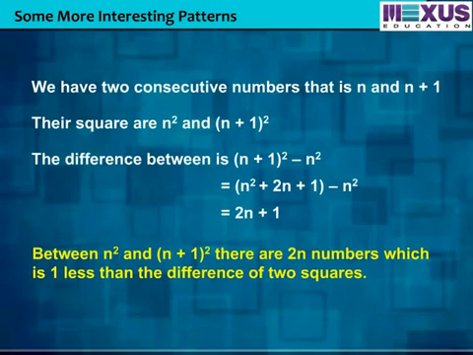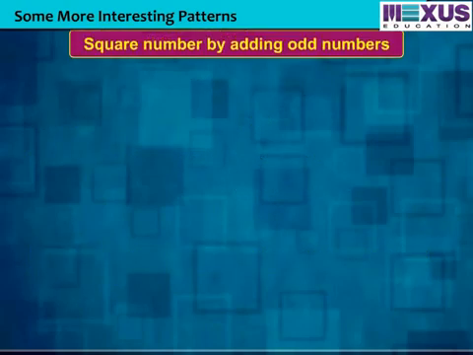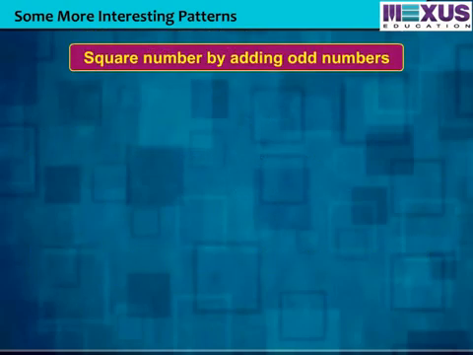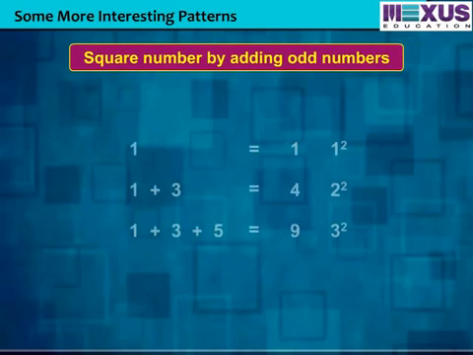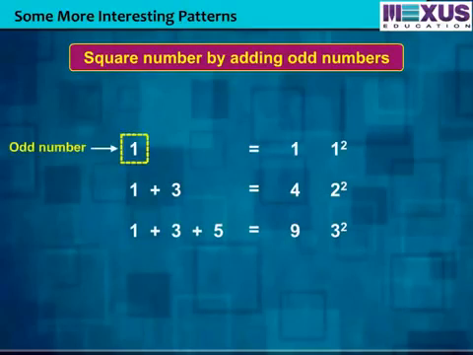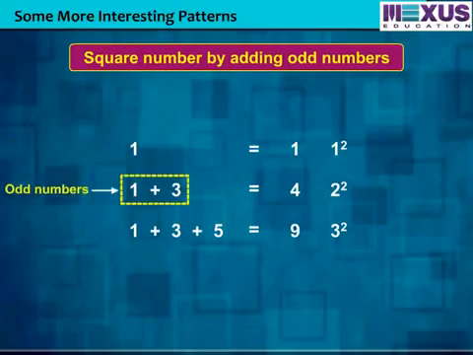Now let us understand the other pattern of square numbers by adding odd numbers. In this you will learn how by adding odd numbers we get a perfect square. Look at this. You can see 1 is an odd number, which is equal to 1 square. Going forward, 1 plus 3. Both are odd numbers.